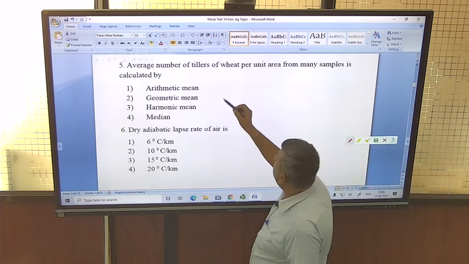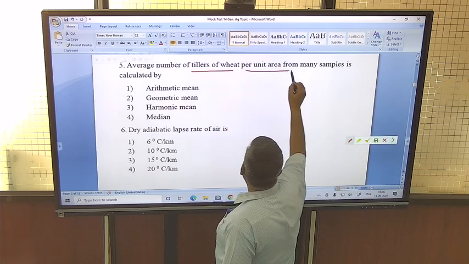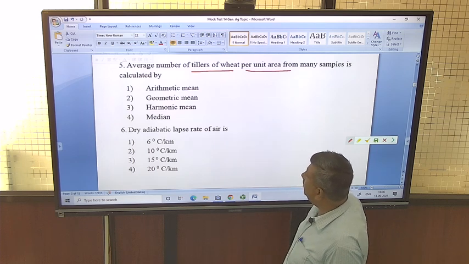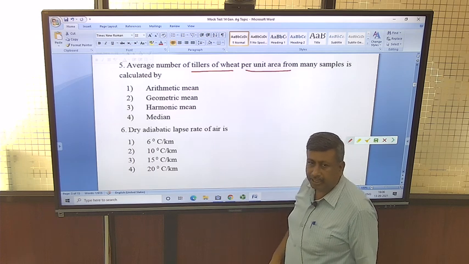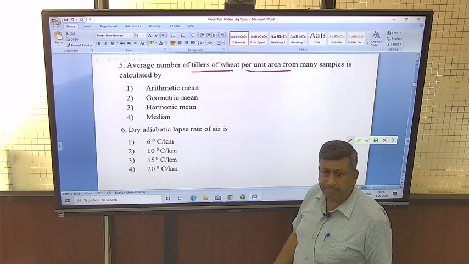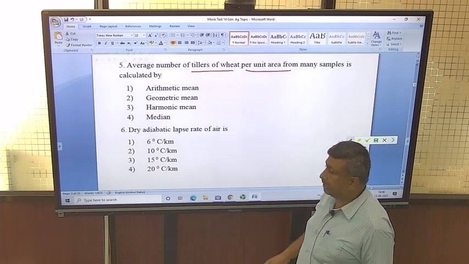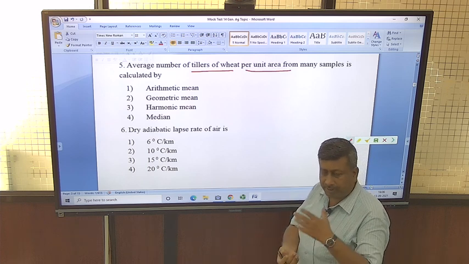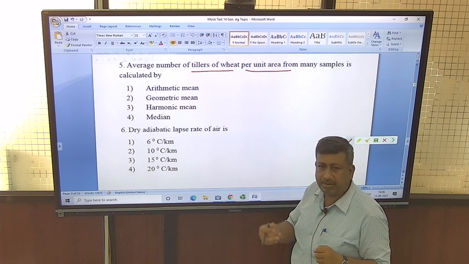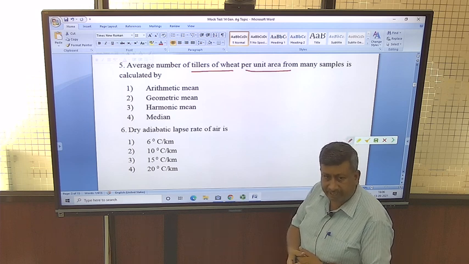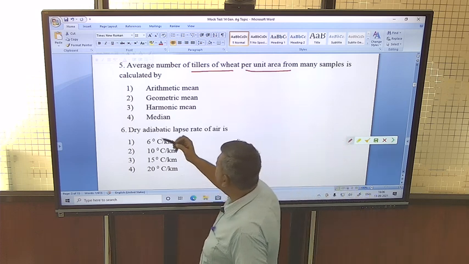Average number of tillers of wheat per unit area from many samples is calculated by. So here we have to calculate the number of tillers in wheat per unit area and samples are many. So from one sample count the tillers, then from the second sample count the tillers, and take the average, and this average is the arithmetic mean.